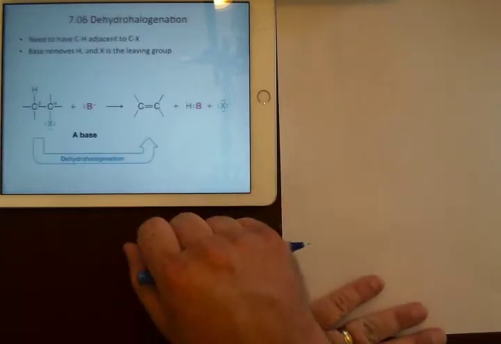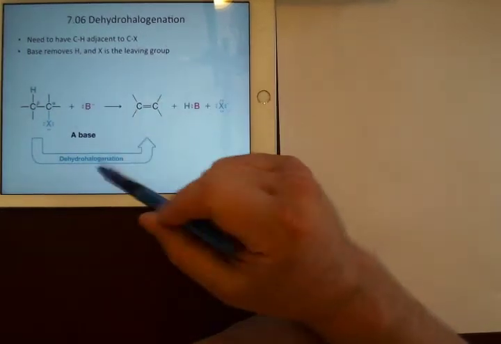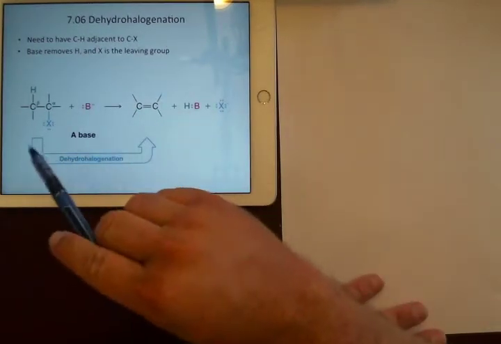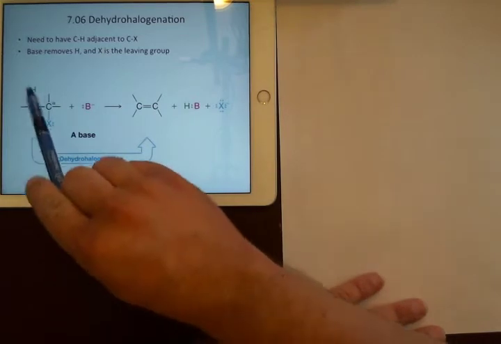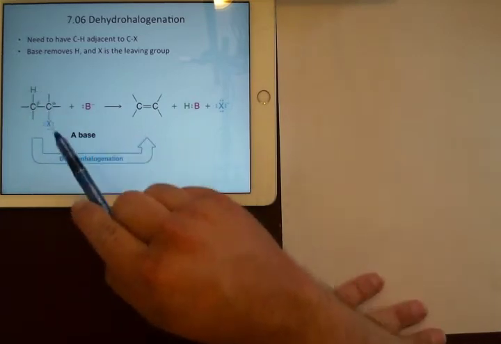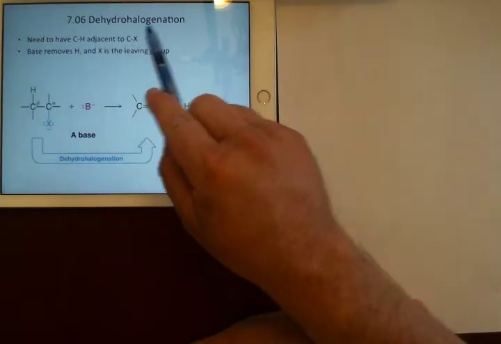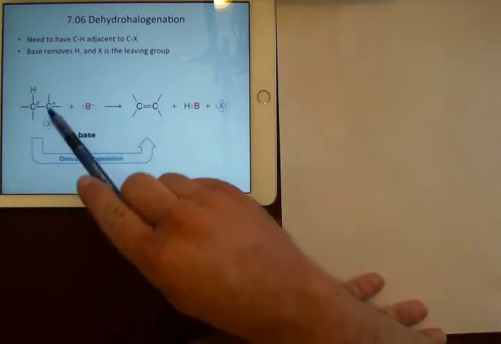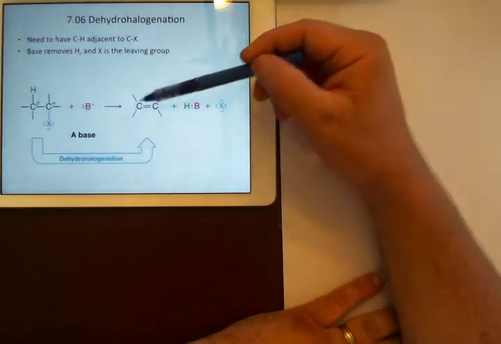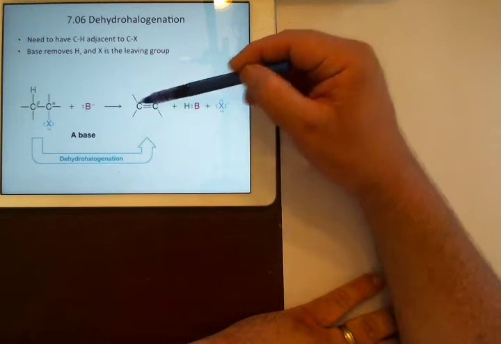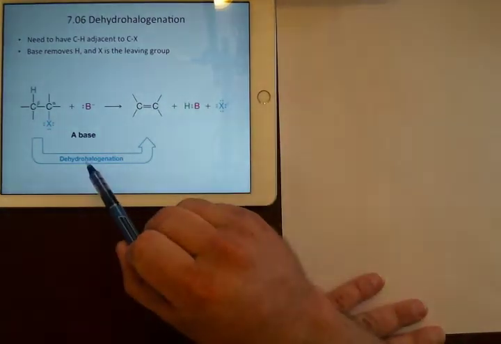So this one is dehydrohalogenation: you remove a hydrogen and a halide. They have to be right next to each other because you're going to make a carbon-carbon double bond, and you can't make one all the way over here.